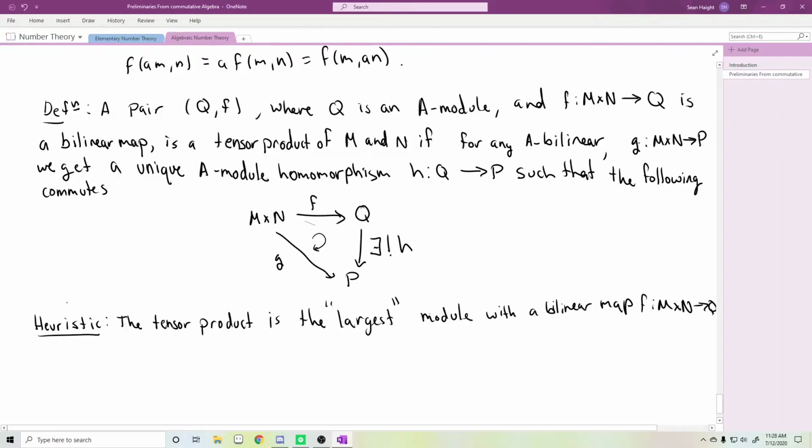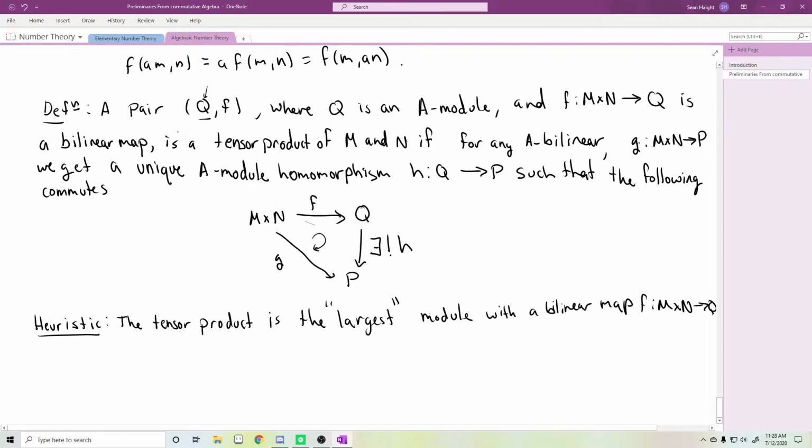Also, there's this confusing abusive notation. Technically, a tensor product is a pair of a module and a bilinear map. A lot of times, people in the mathematical community at large, which includes me, will refer to just the module as the tensor product.